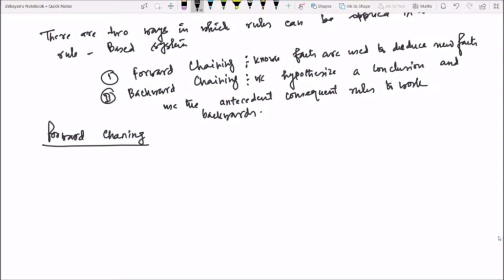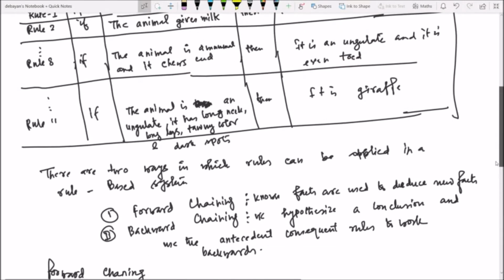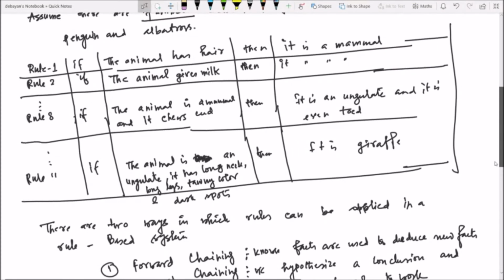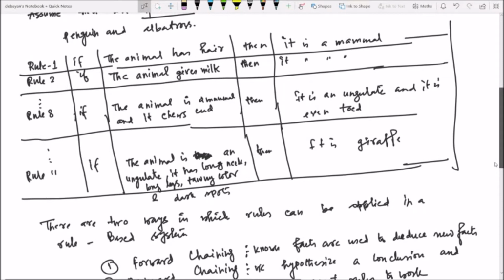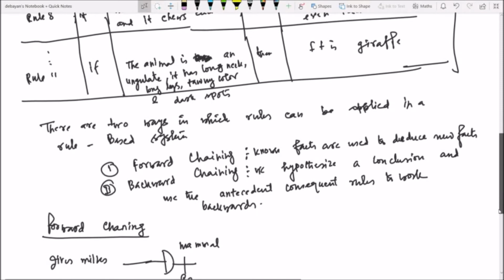Say he finds a parameter that gives milk, then he applies rule number 2 and deduces that this is a mammal. So now the robot is applying rule number 2, and then he sees that it chews cud.